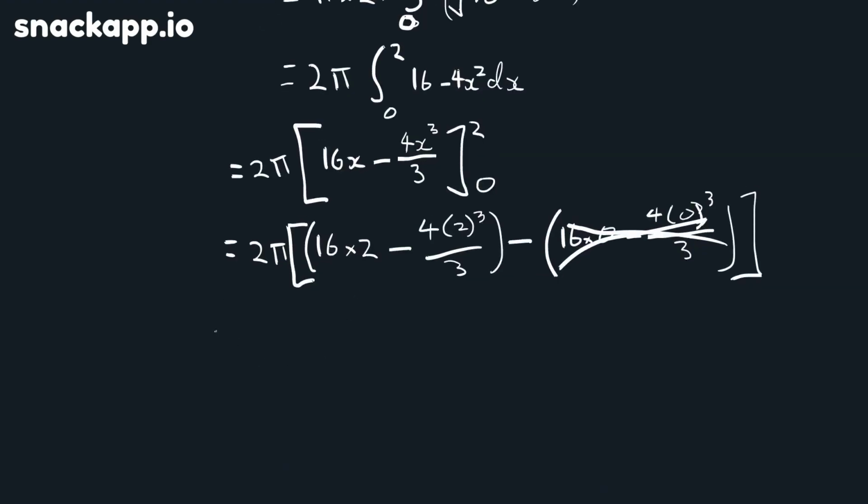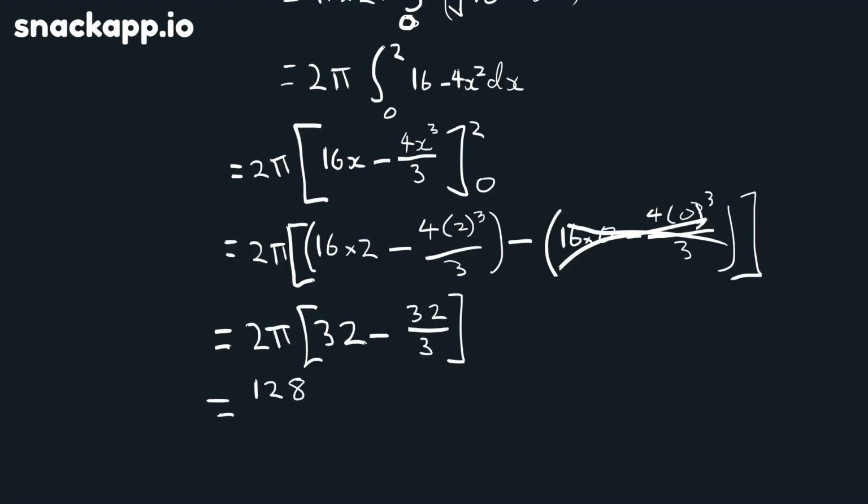All right. Now let's just try and write this as neatly as we can. 2 pi here, 32 minus 4 times 8, which just becomes 32 over 3. So let me just pop that all in the calculator and I get 128 pi over 3.